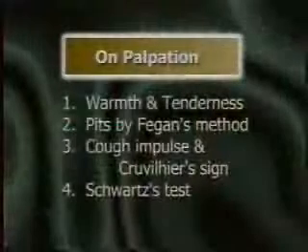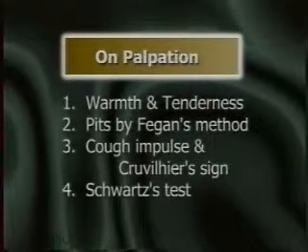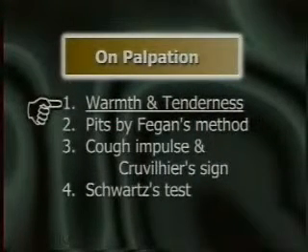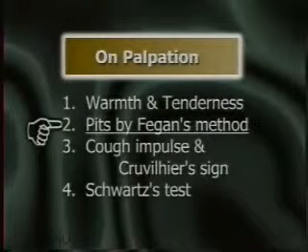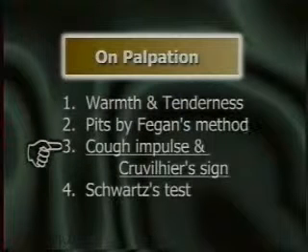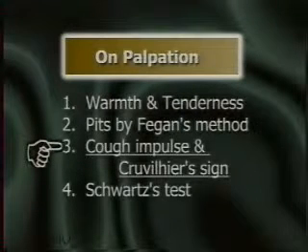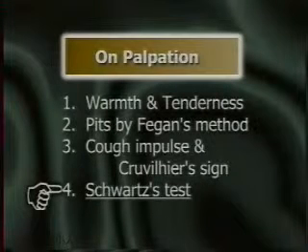So to revise, on palpation, we first palpated the length of the vein for warmth and tenderness. Then we emptied the vein and palpated the deep fascia under it by Fagan's method for palpable pits. Then we tested for cuff impulse and Cruvelier's sign at the saphenous opening and performed the tap test or Schwartz test.